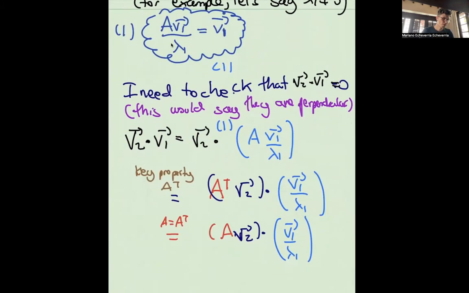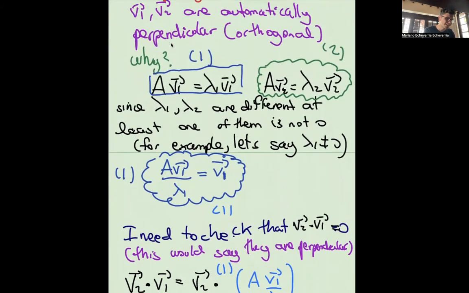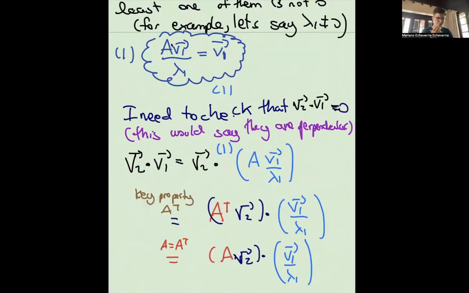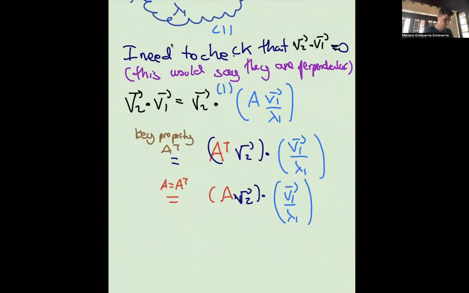But now what is A times v2? A times v2, this is an eigenvector, so that's just lambda 2 v2. And now I'm going to use equation 2, so this is lambda 2 v2 dot v1 over lambda 1.